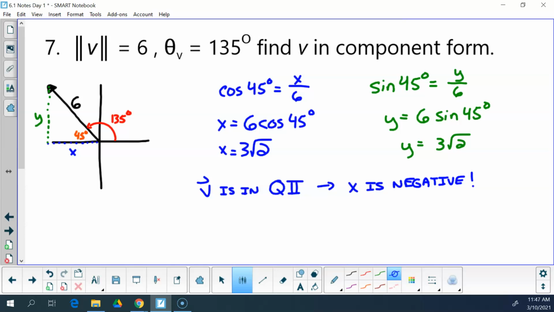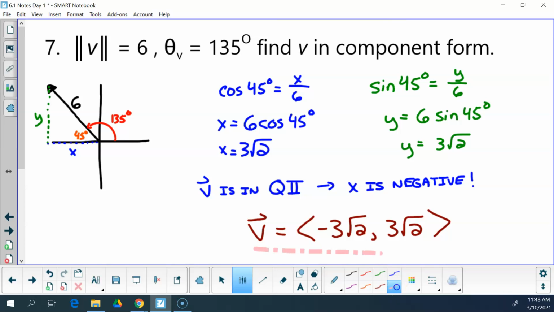So the actual component form of vector v, excuse me, I should put that in the proper color. The actual component form of vector v would be negative 3 square root of 2, comma, 3 square root of 2.